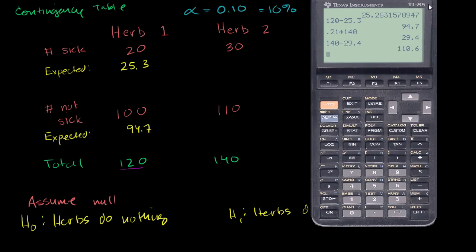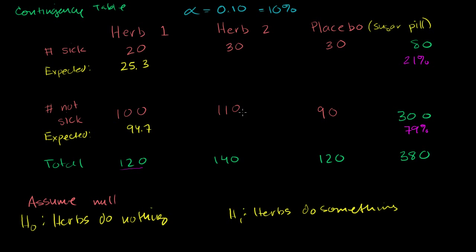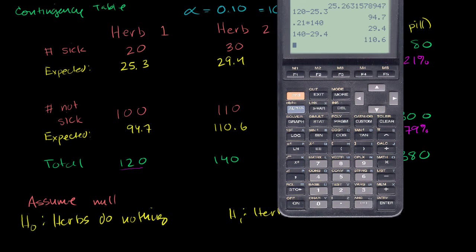So 29.4 should have gotten sick if the herbs did nothing, and 110.6 should not have gotten sick. And these are pretty close. So just looking at the numbers, it looks like this herb doesn't do too much relative to the total of all the groups combined. And then in the placebo group, let's see what happens.